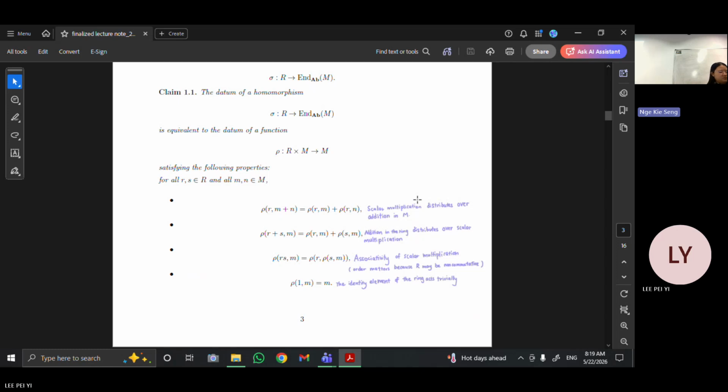We claim that a homomorphism as below is equivalent to a function rho from R times M back to M, satisfying the following 4 axioms. The first axiom is that scalar multiplication distributes over addition in M.